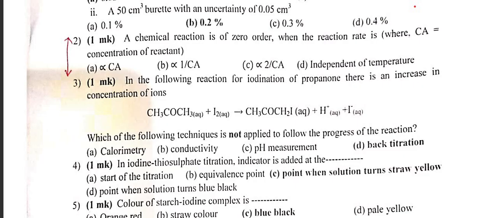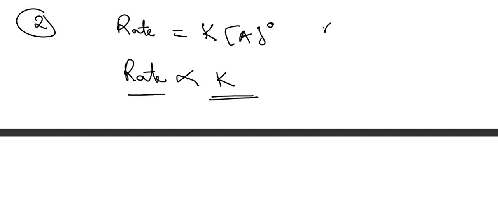So the correct answer here is back titration. Why is this not part of the progression of these reactions? Because we know how back titration takes place. Back titration only happens when you have two particular experiments running at the same time. The first one is going to produce something that will be needed in the second equation, or rather leave out something.